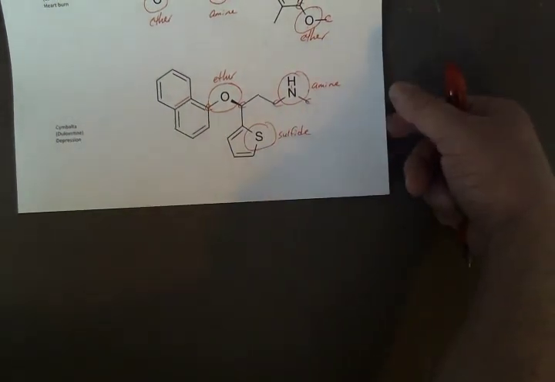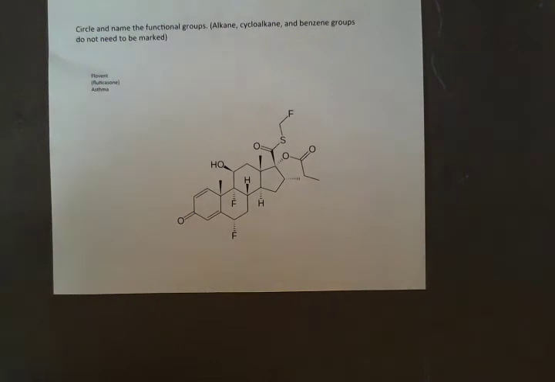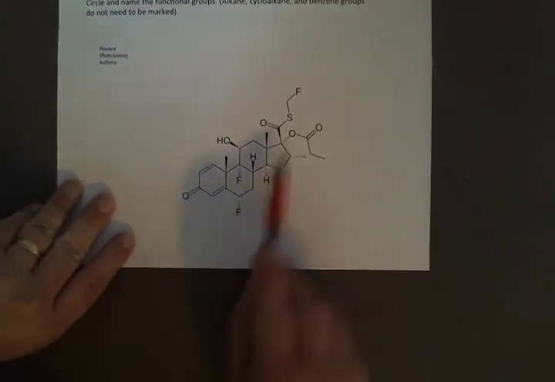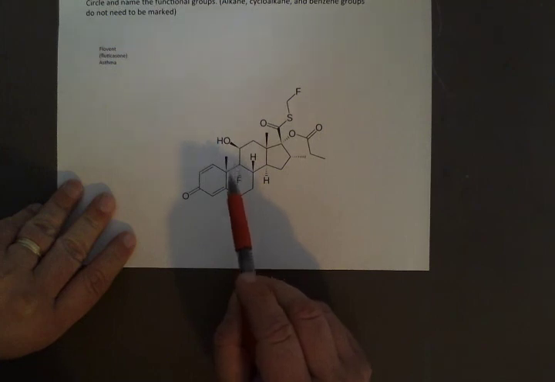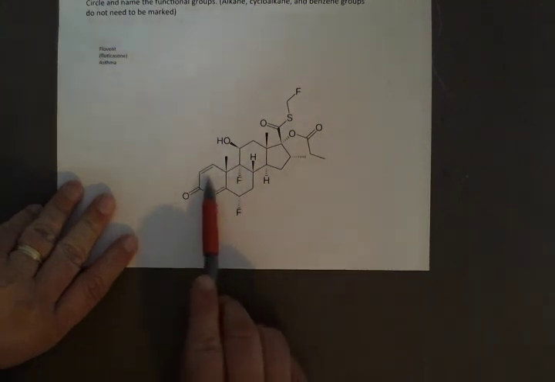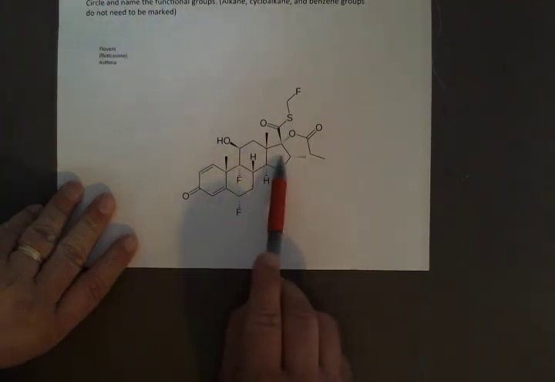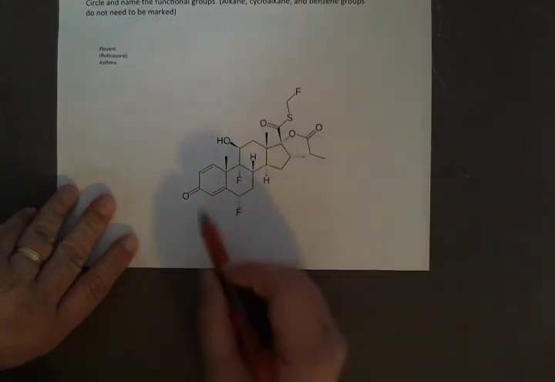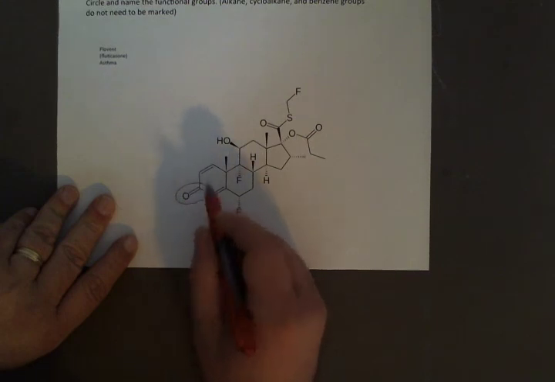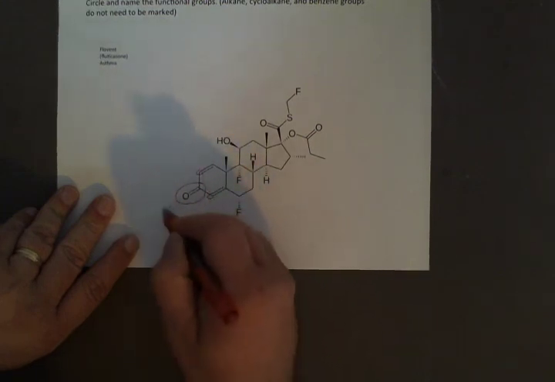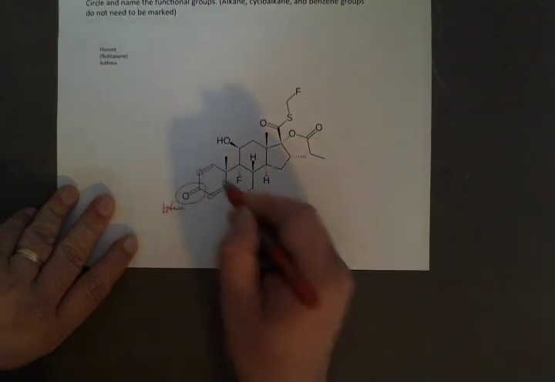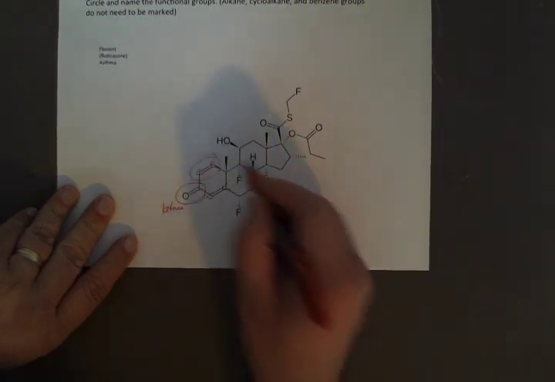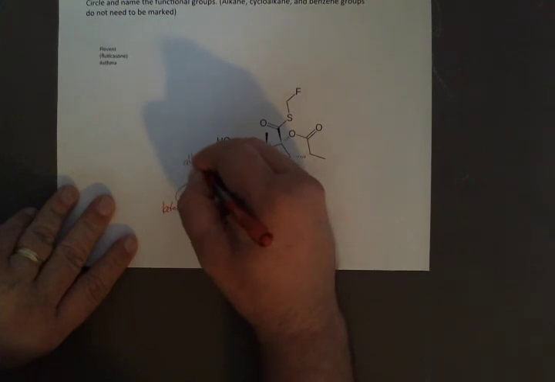Something like that. Lastly, we have Flovent. Again, notice this is a steroid. It's very similar to the other steroid that we had. So you have these chains here. But again, this here is just carbons on either side, so this is a ketone. These guys here are double bonds that aren't part of a benzene, so these are both alkenes.